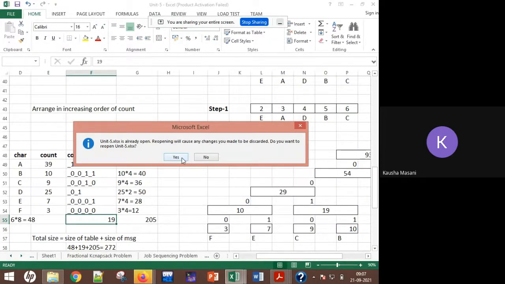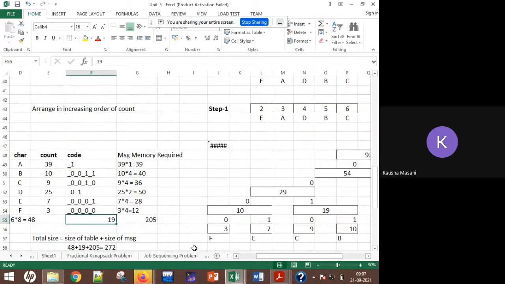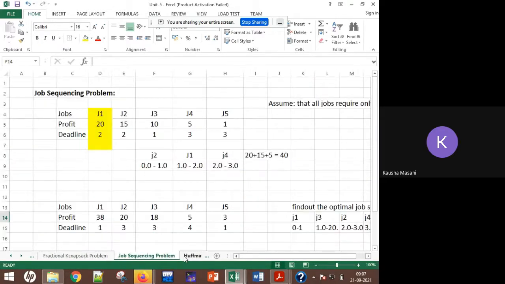Okay, do you remember job sequencing? Remember this example, job sequencing. You were supposed to ask me about this. Okay, let's do it.